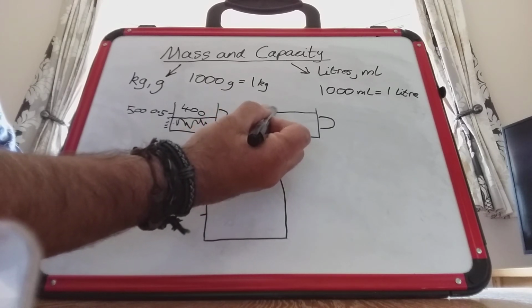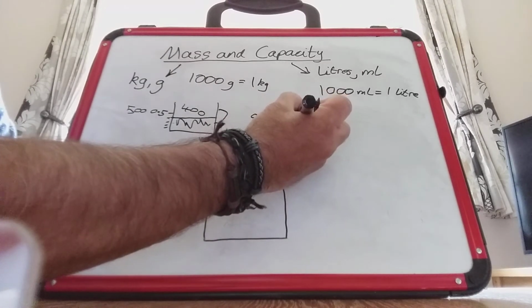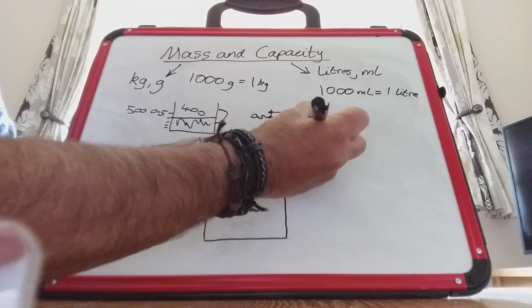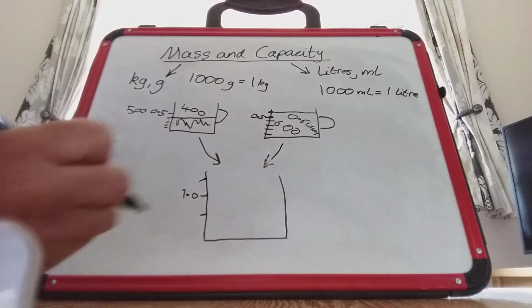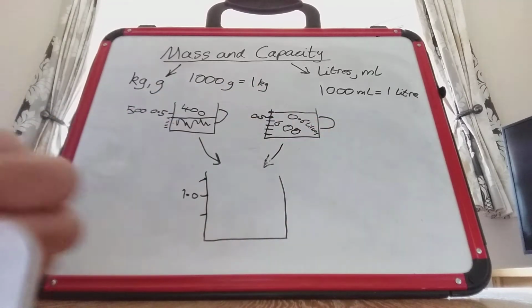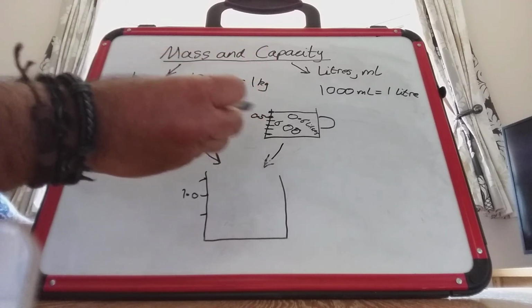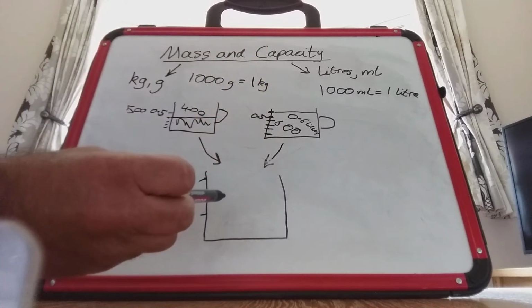So therefore this is going to be 600, that's 0.6. So this is 0.6 litres, which is of course 600 millilitres.